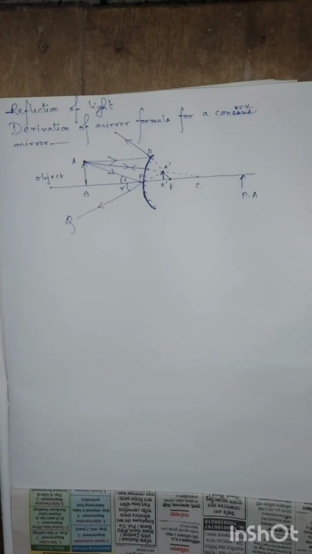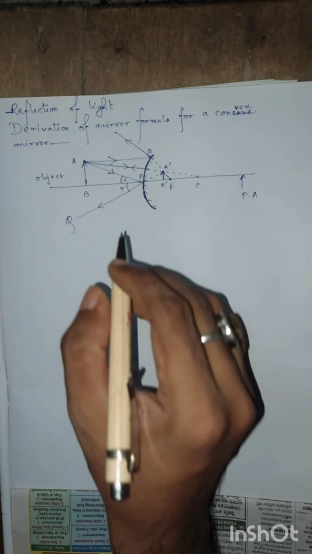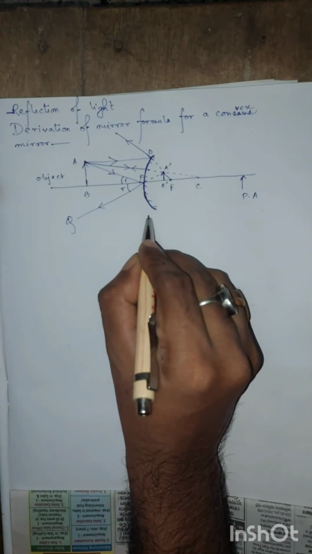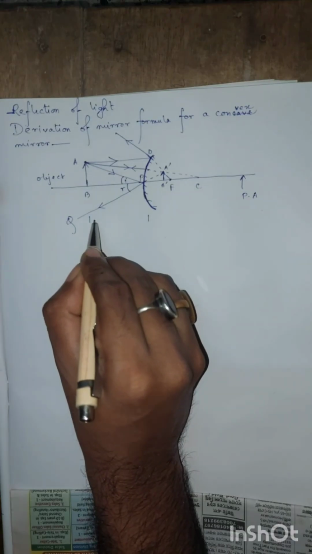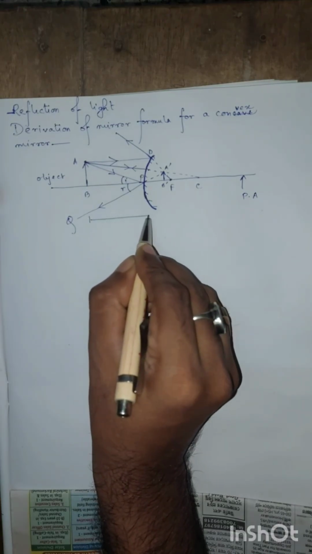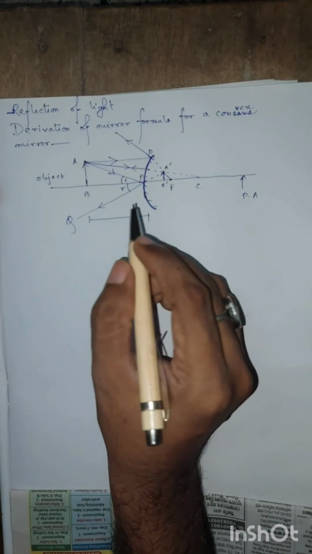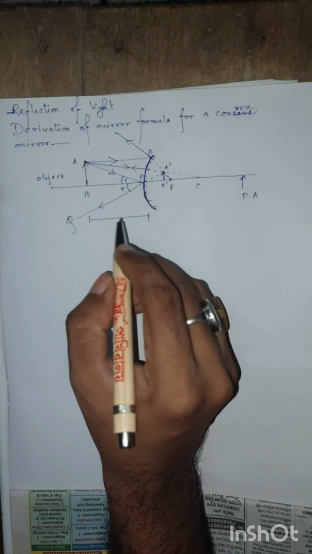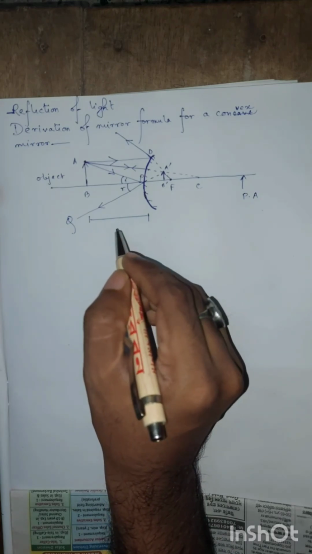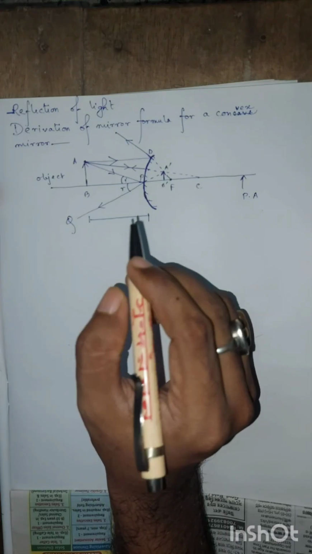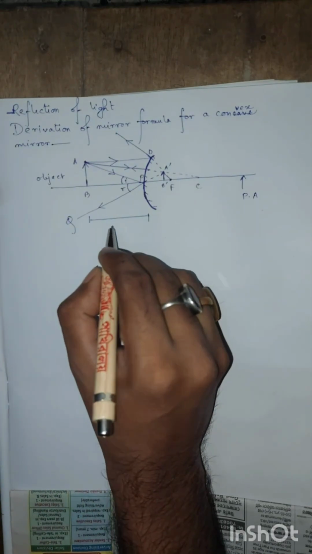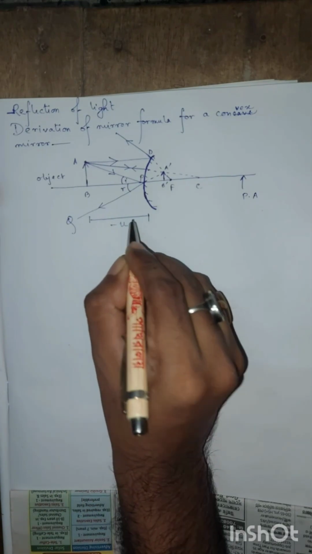So now if we talk about the object distance, it is this distance which is measured from the pole. The direction is opposite to the direction of incident light, so it is minus u.